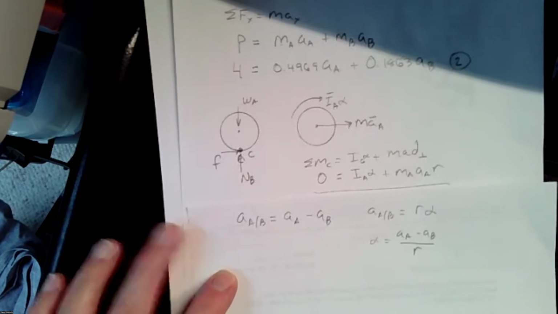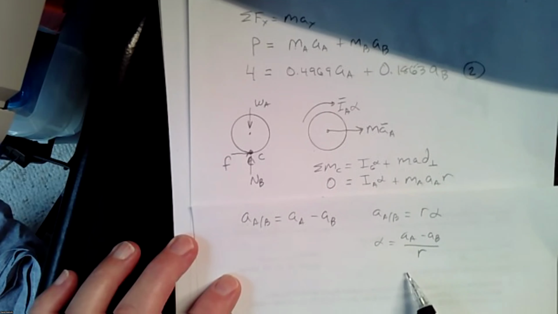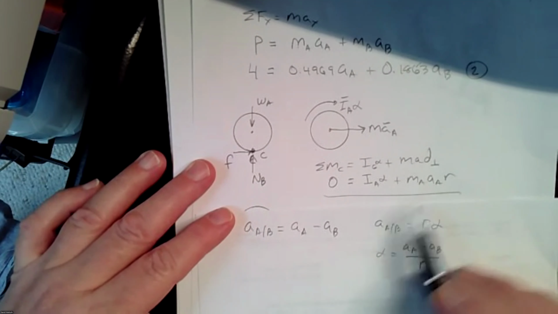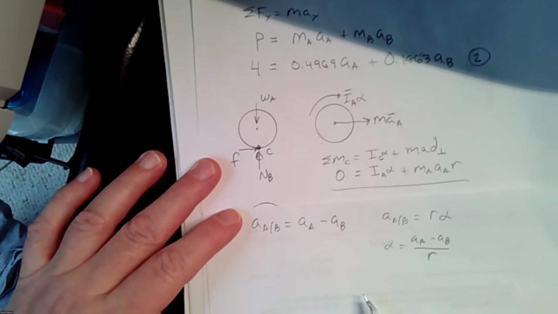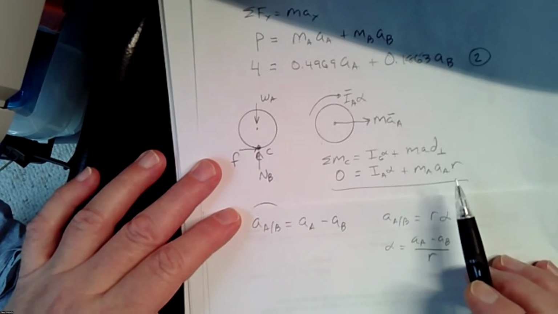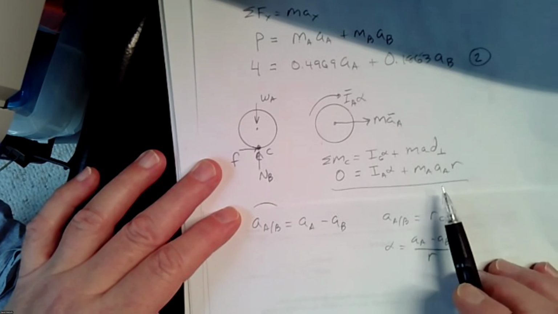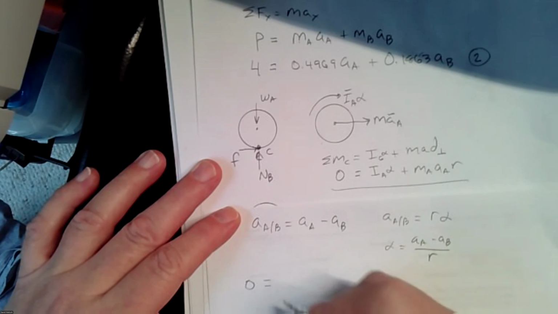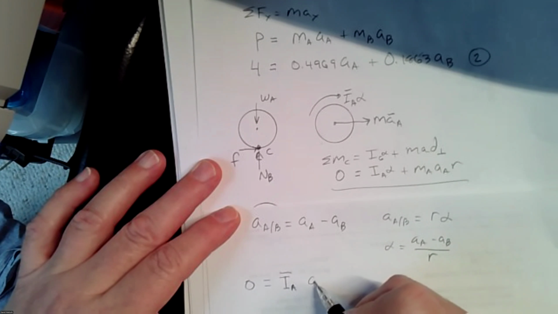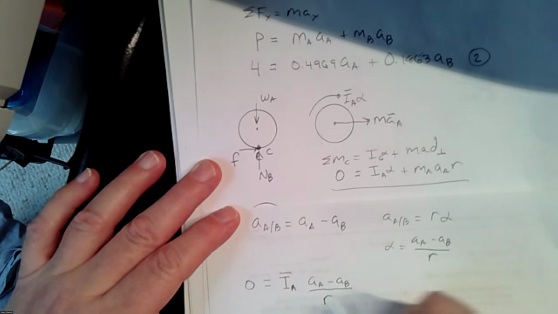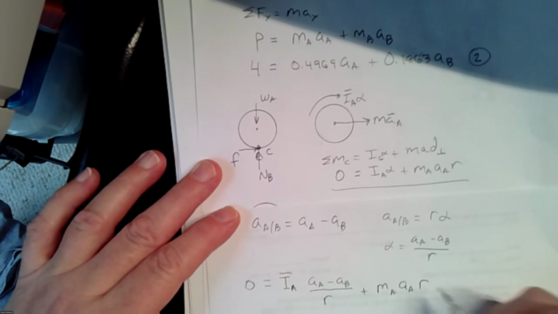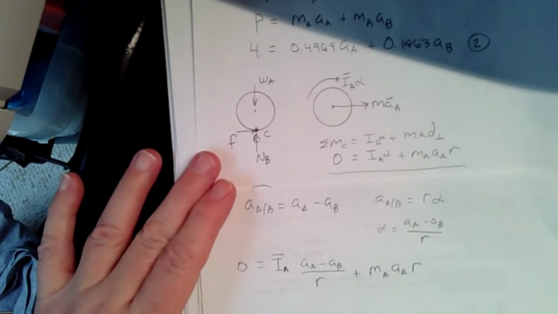All right. Now, if we go back to our equation here, then we can rearrange that because if we substitute in acceleration A, we can write this as 0 equals I_A bar times acceleration A minus acceleration B over R, plus mass acceleration A times R. Okay, so that's our relationship.